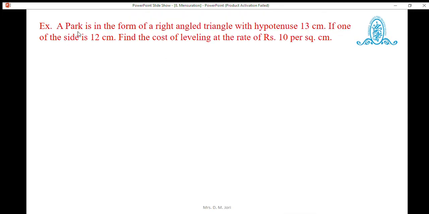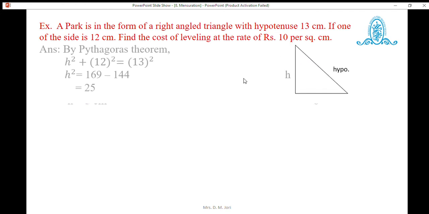A park is in the form of a right angle triangle with hypotenuse 13 centimeter. If one of the sides is 12 centimeter, find the cost of leveling at the rate of 10 per square centimeter. So this is your right angle triangle plot in which the hypotenuse is 13 centimeter, B is the base, H is the height. If one of the sides is 12 centimeter, suppose that this side B is equal to 12 centimeter.